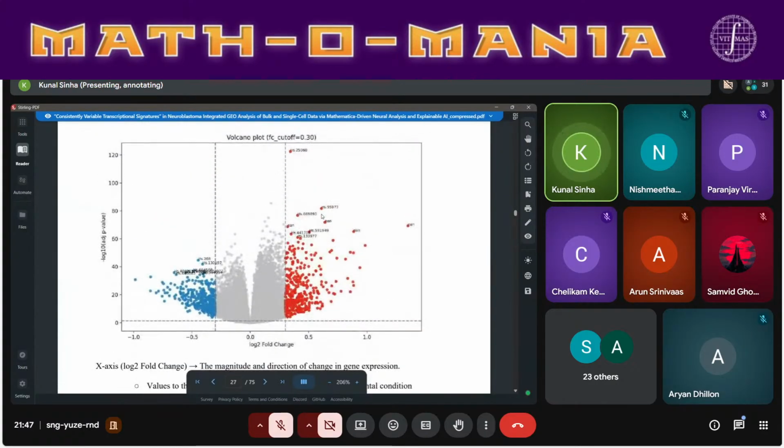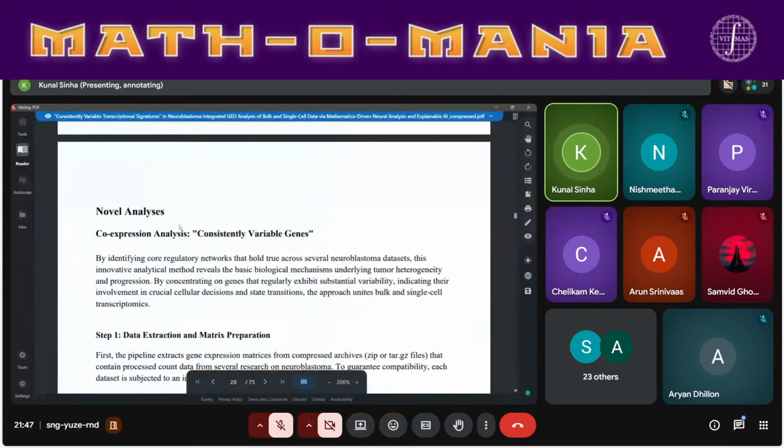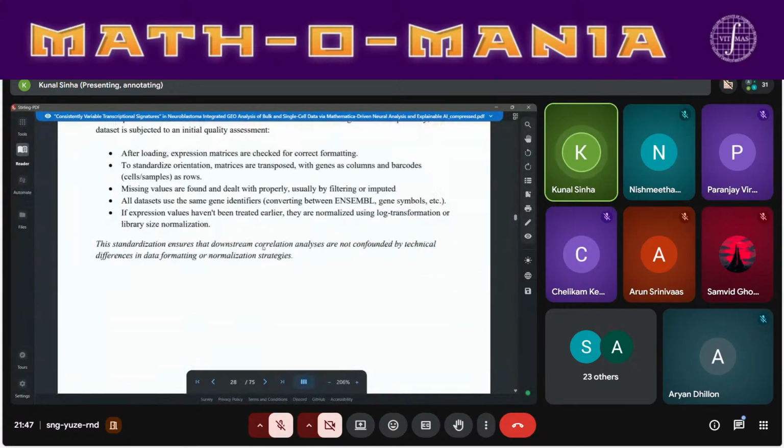Okay, there are certain genes that are highly variable in one data set, but what if we find a set of genes that are consistently DEGs or highly variable in other data sets as well? So that is what our main proposition was, and we call them consistently variable genes, as you can see here.